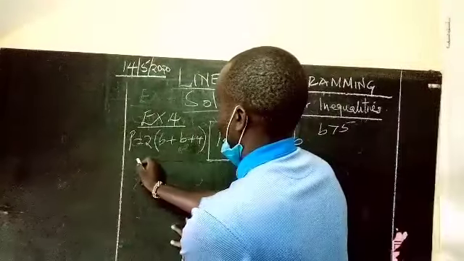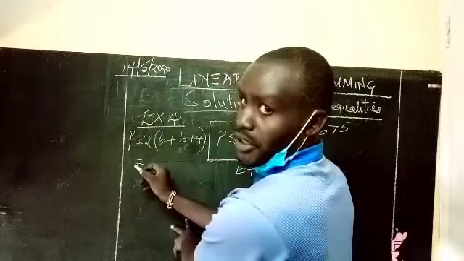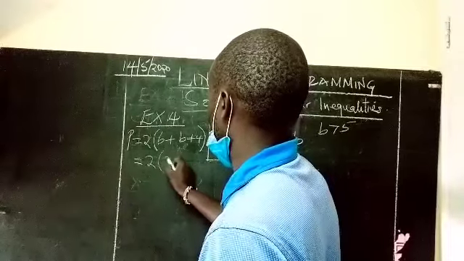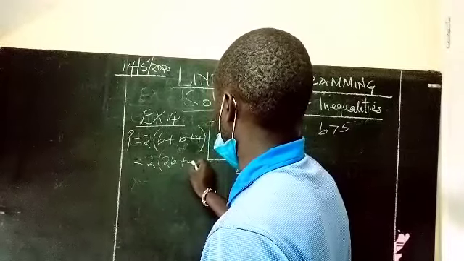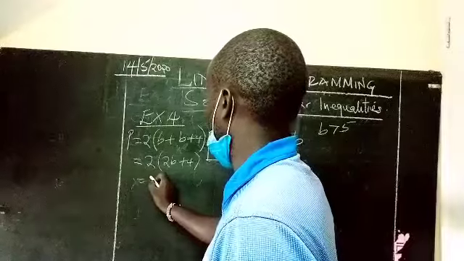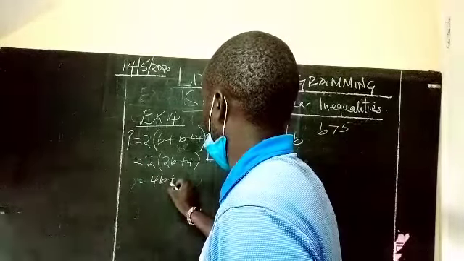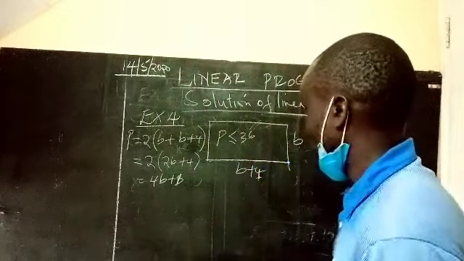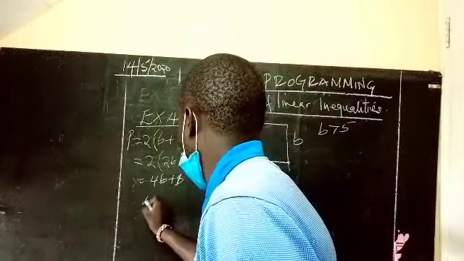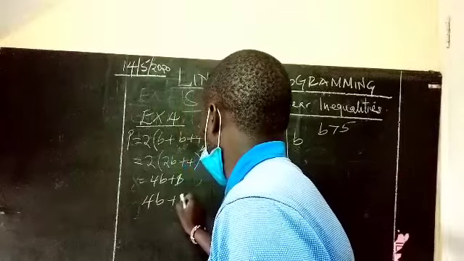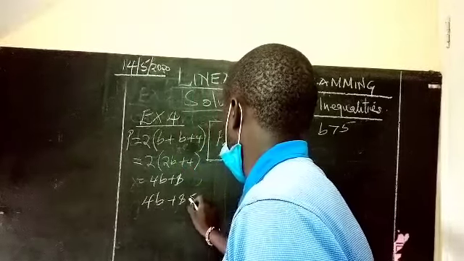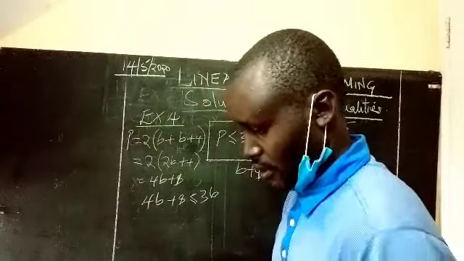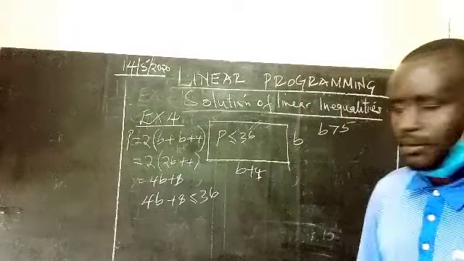So we'll have our perimeter as 2 times (2b plus 4), which is 4b plus 8. So we are going to say 4b plus 8 is not more than 36 meters.